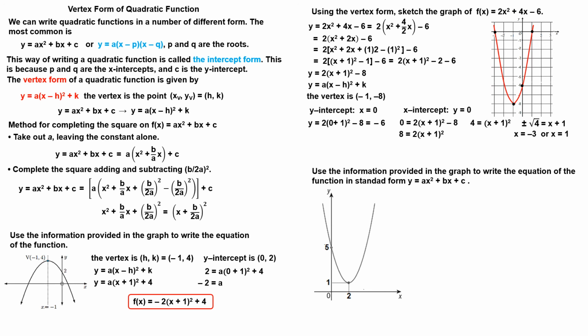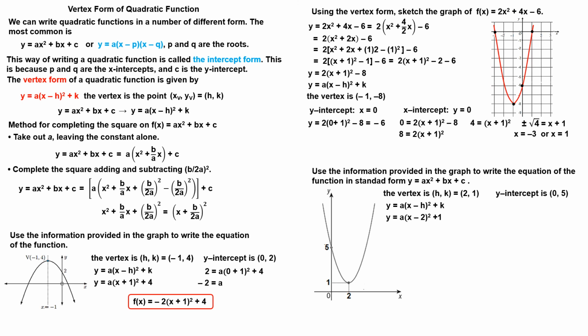Look at the graph and write the vertex point. Take the vertex form and replace h with 2 and k with 1. To find the leading coefficient a, we use the y-intercept.